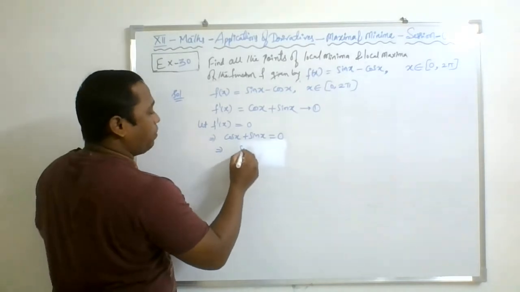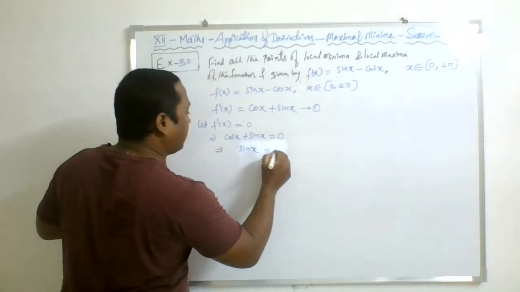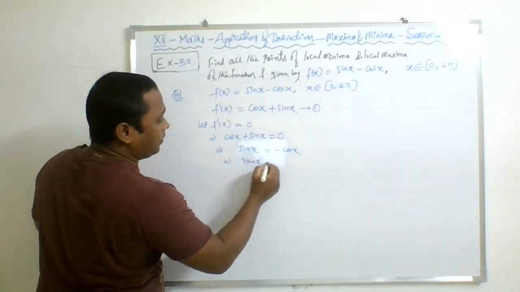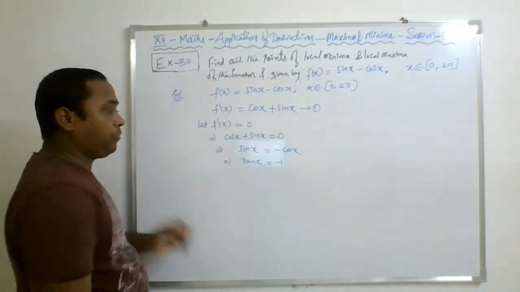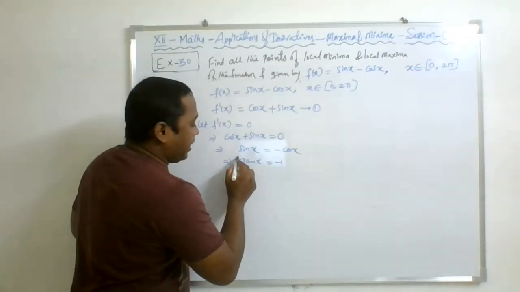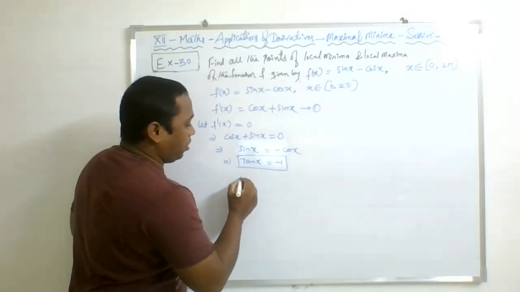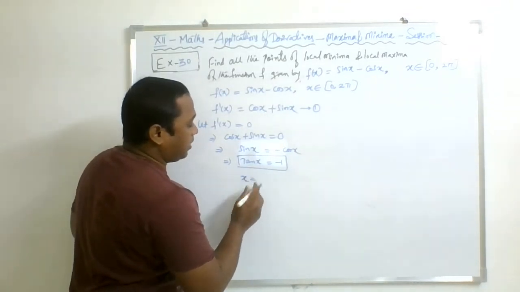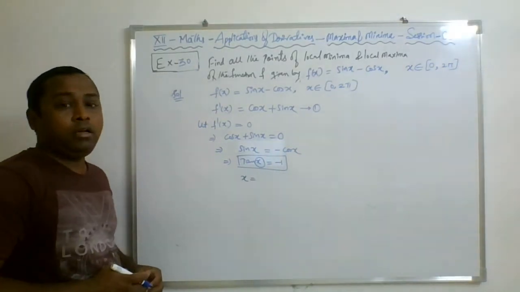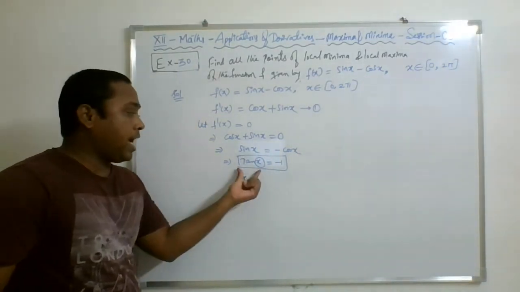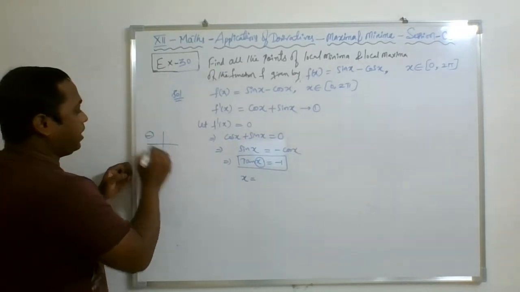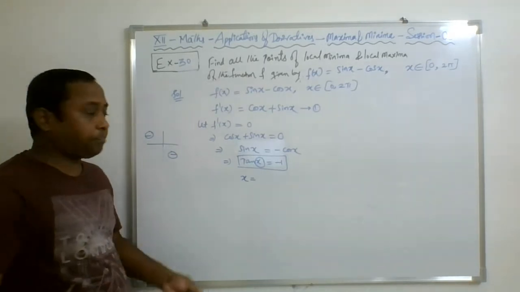Or you may also say sin x is equal to minus cos x, or tan x is equal to minus 1, simply by taking cos x in the denominator. So we got tan x is equal to minus 1, which is only possible when the angle lies in the second quadrant or in the fourth quadrant. Tan x value is negative in the second and fourth quadrant.